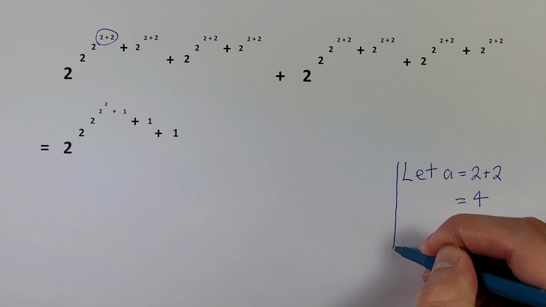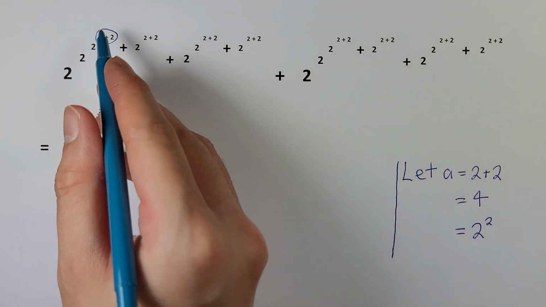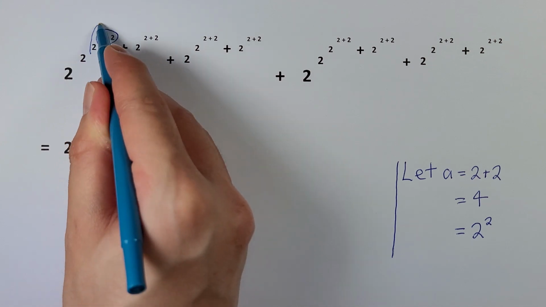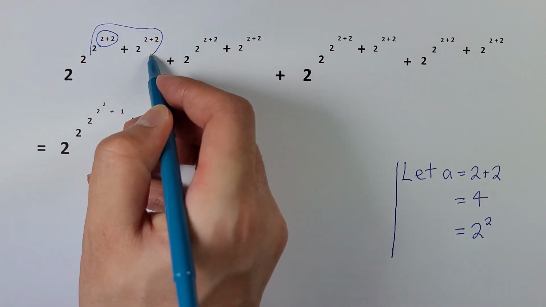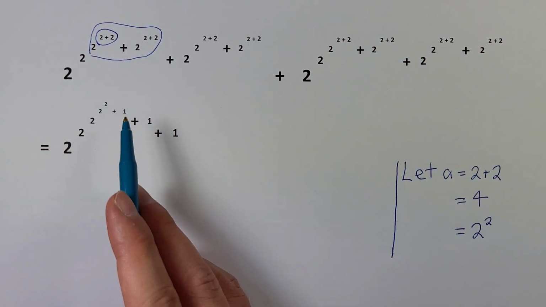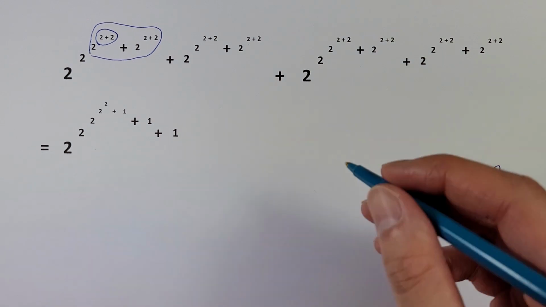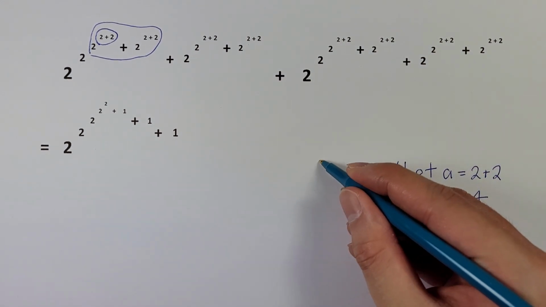The next thing I'm going to do is consider this number here. I'm going to let this number be b, this bigger number here. Now, what is b equal to? Well, let's see.